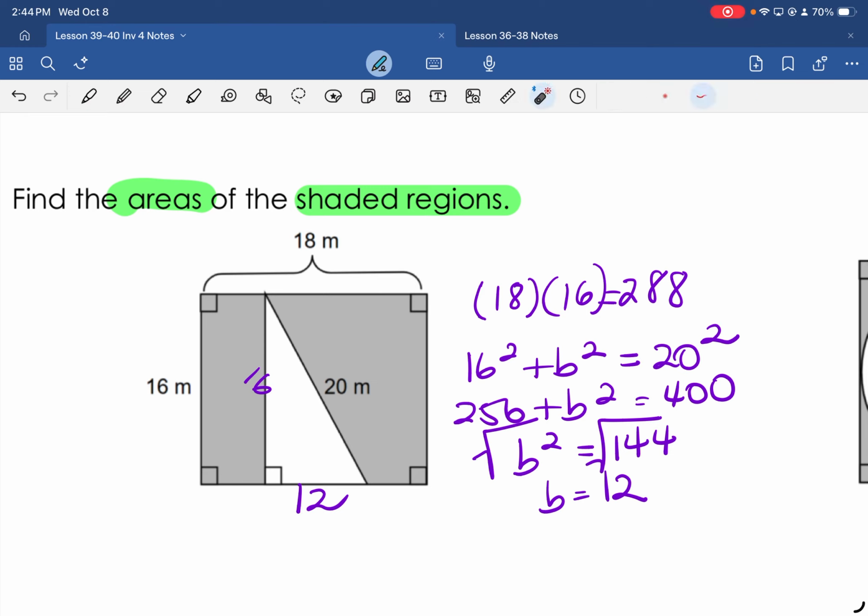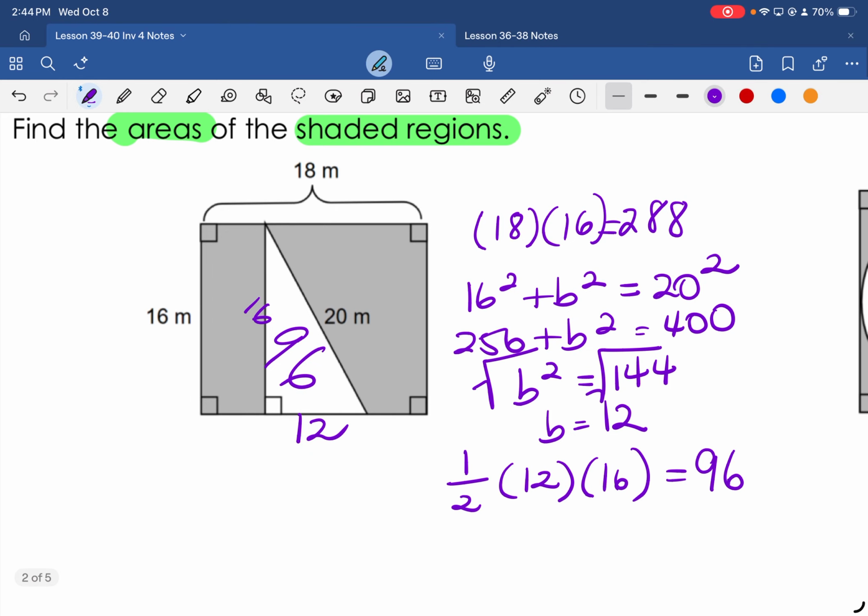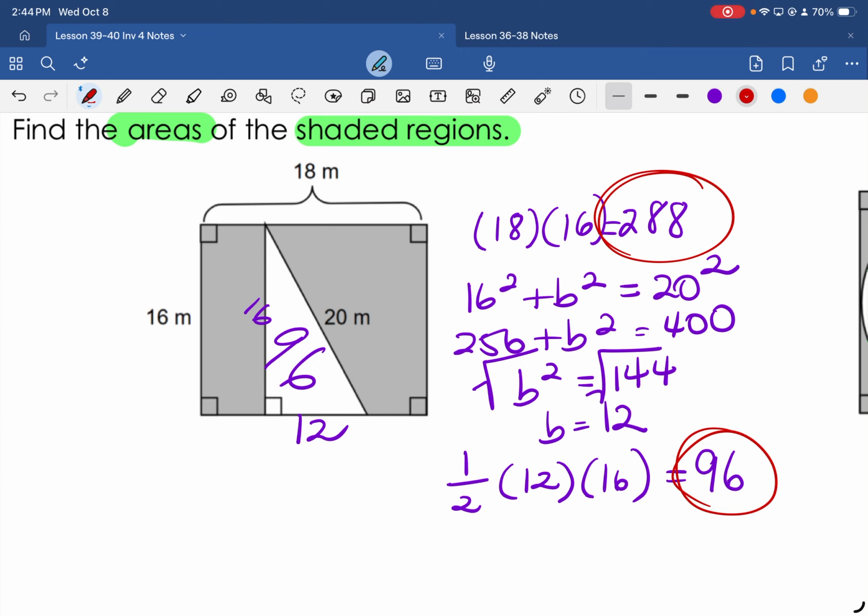Now I can do base times height divided by 2 to find what this is. All right, so 1/2 base times height, and what do we get for that? 96. So this area is 96. So we're going to minus this, take out that, which is 192. Is that what y'all got? Meters squared.